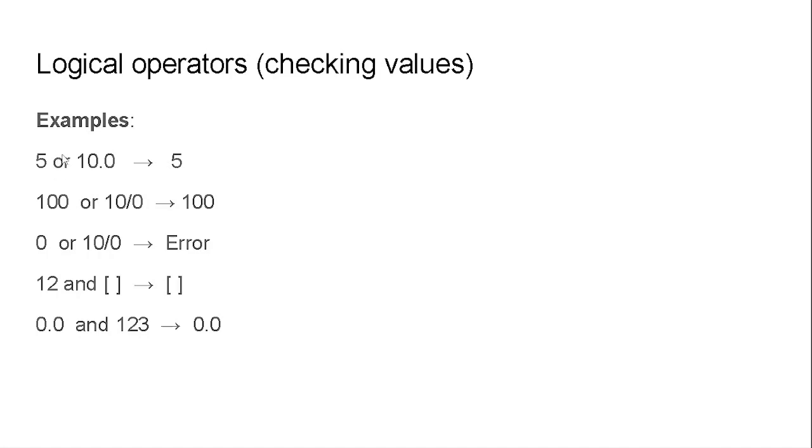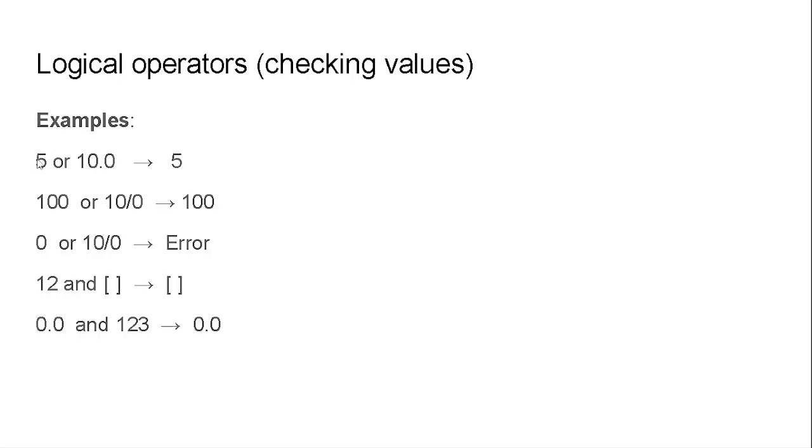When the OR operator is used, if the first value is true, the first value is the answer. If the first value is false, 0 has a false value, the second one will be the answer.